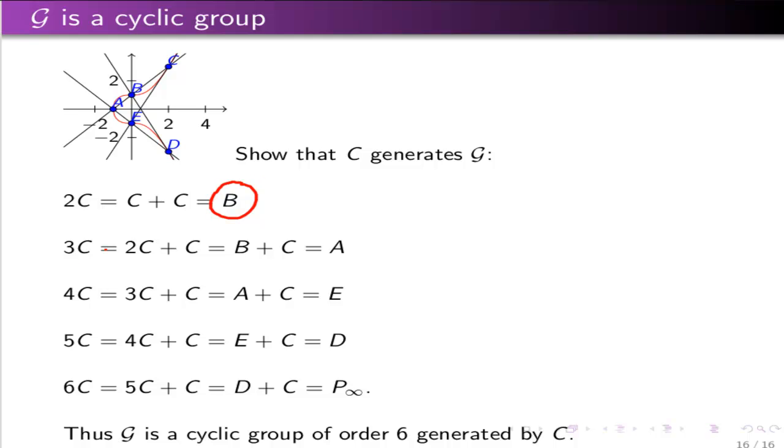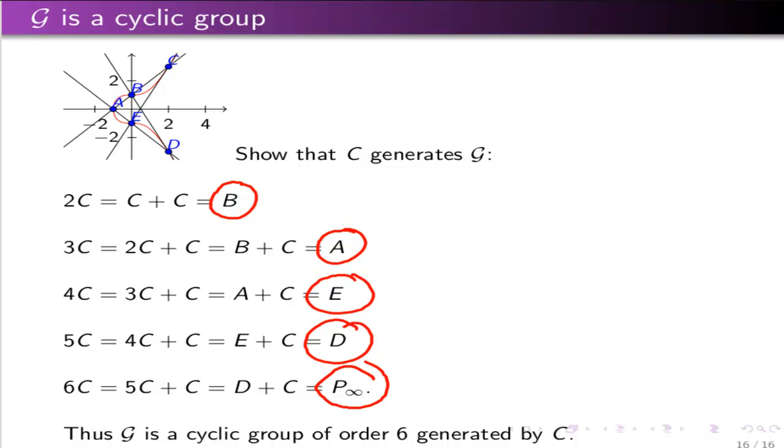3 times C means start with B, which is 2C, and add C to it, so B plus C. B plus C means draw the segment joining B and C. Third point is A, reflect A, and we're at the point A. 4C is 3C plus C, which is A plus C. A plus C, we have B, reflect that, we get E. 5C, you'll get D, and then 6C, you're finally back to where you started.